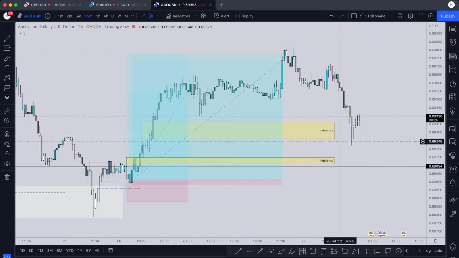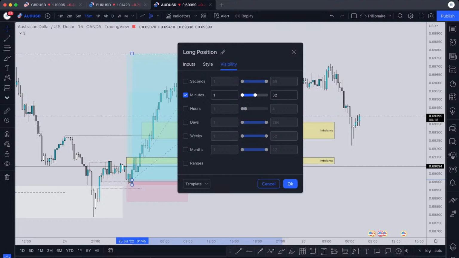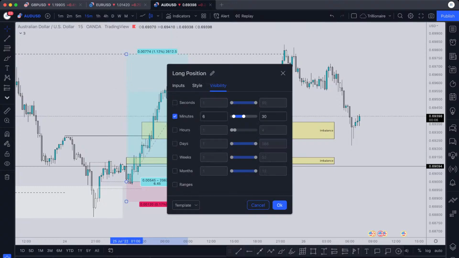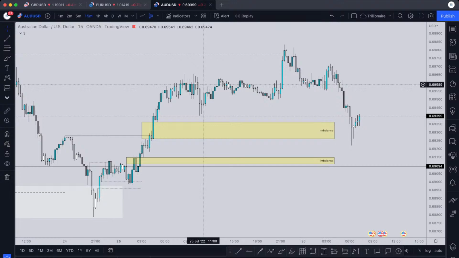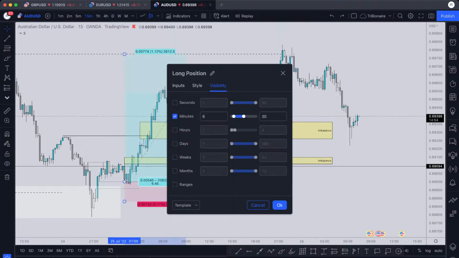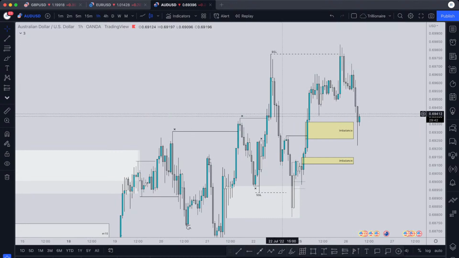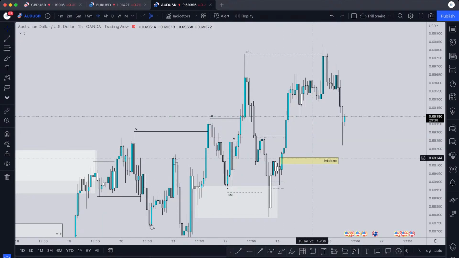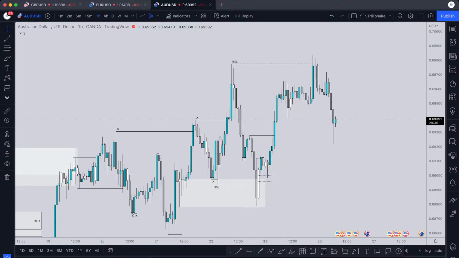All right, so AUDUSD, let's get rid of these right now. Based on the H1 time frame, we definitely see that AUDUSD, as it relates to our macro structure, is bullish.